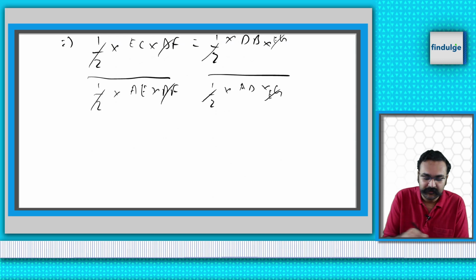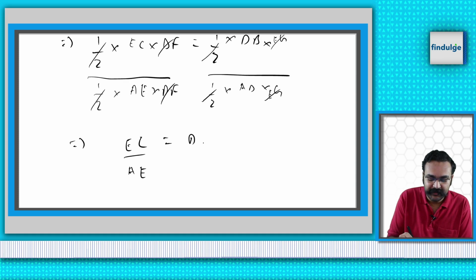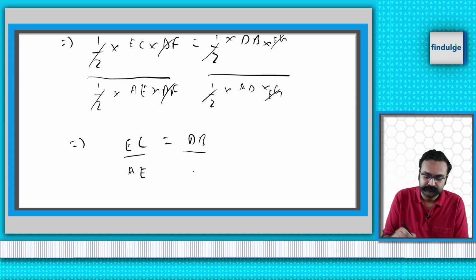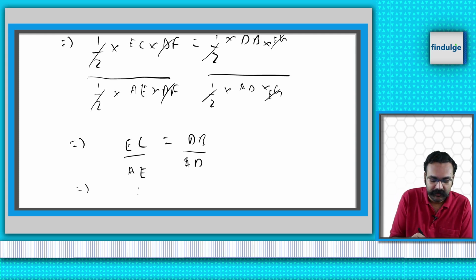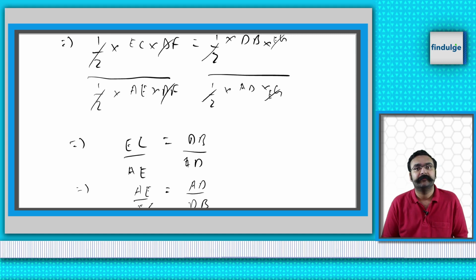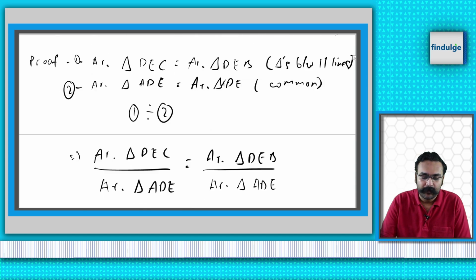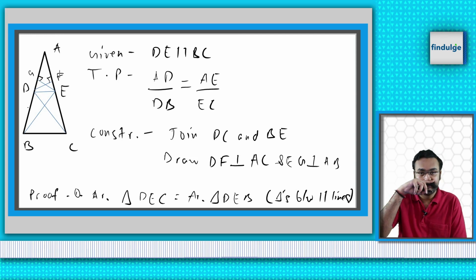We are left with, this means EC upon AE is equal to DB upon AD, which if I just write it as a reciprocal, it means AE upon EC is equal to AD upon DB, which was what we wanted to prove, that this upon this is equal to this upon this.